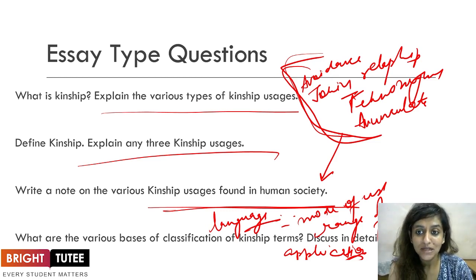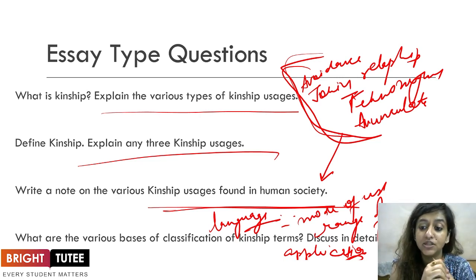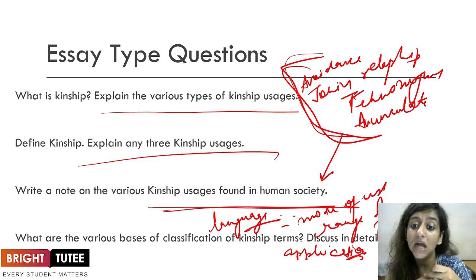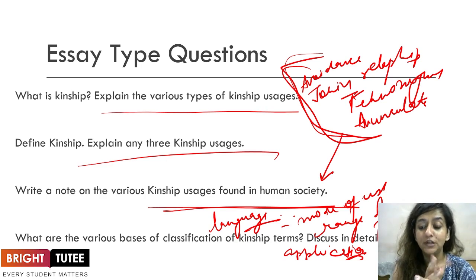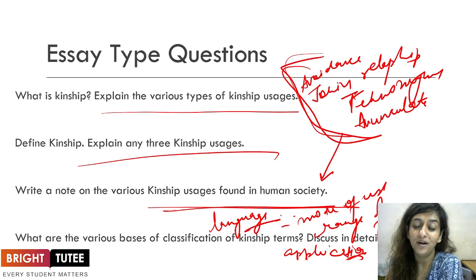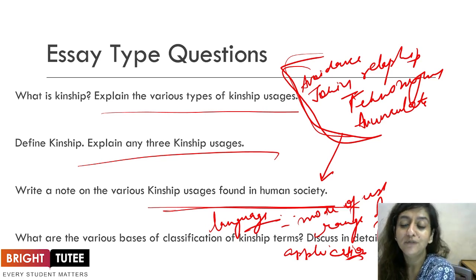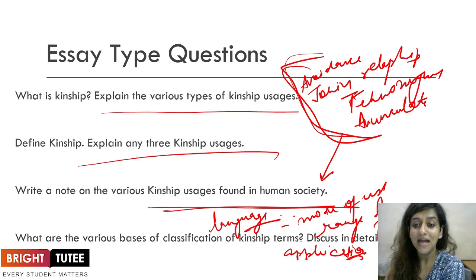I hope you understood the usages of kinship, the differentiation of kinships, the classification of the term kinship, and its meaning and definition, and that is how we have gone about understanding one of the major social institutions, kinship.